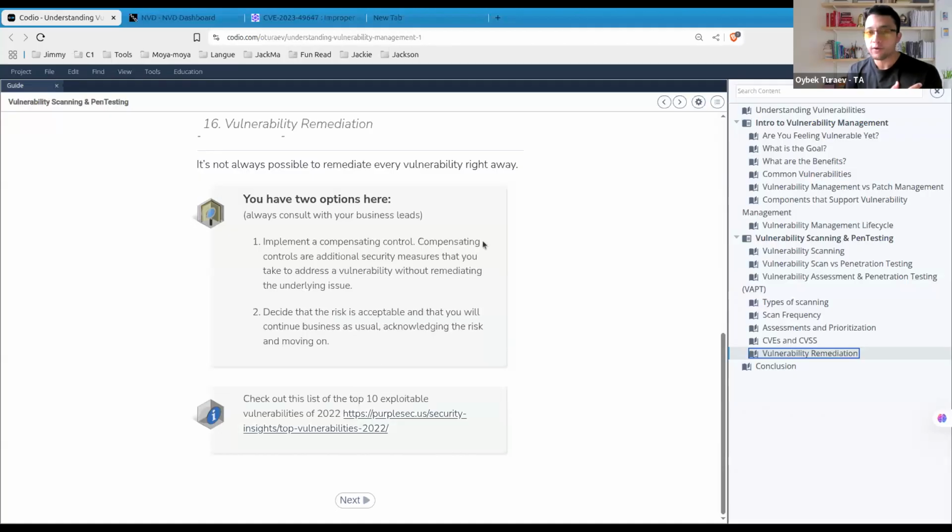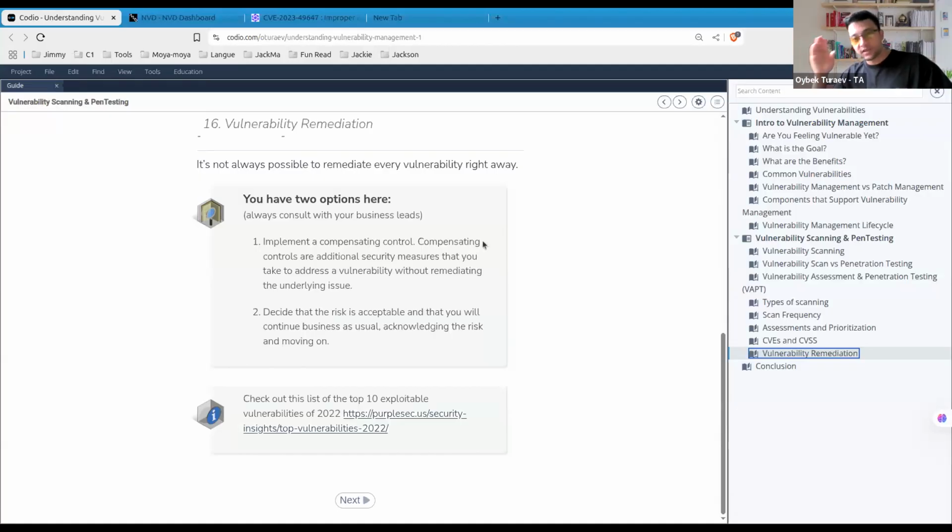We are not the only ones who make the decision. We're going to talk with the executives, we're going to talk with our managers, and as a team together, if we see there is nothing critical threatening the organization, we're going to say, okay, here we go, we can just close our eyes to this vulnerability.